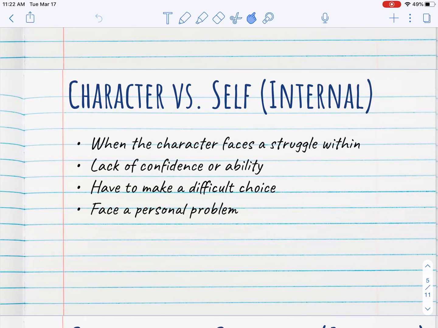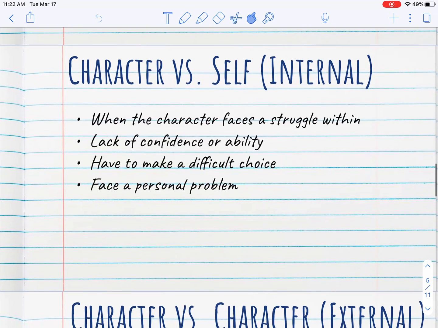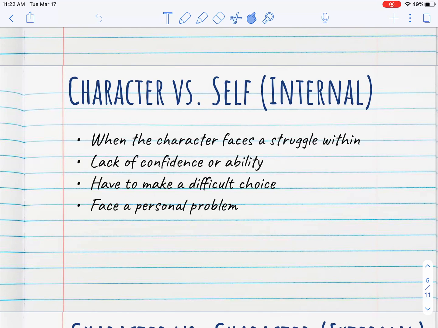I know Mississippi Bridge, you've got some difficult choices that Jeremy's going to have to make. All of your books have characters who are going to have that internal struggle with self on views and choices and who they choose to surround themselves with. Or maybe they encounter a personal problem.